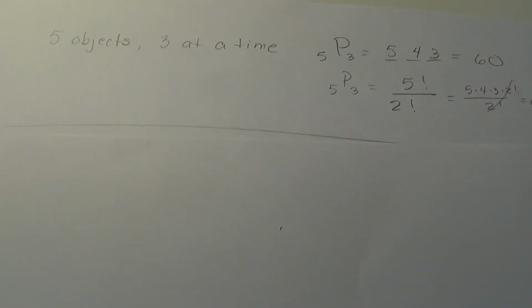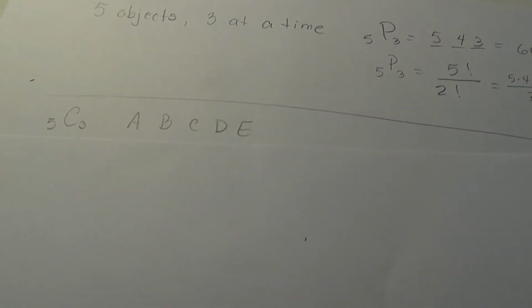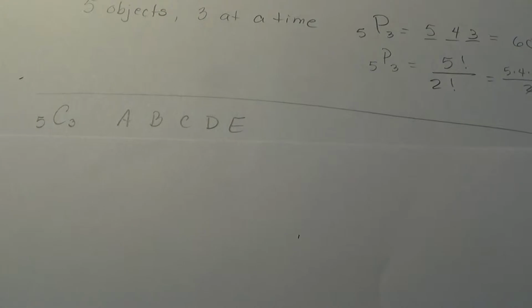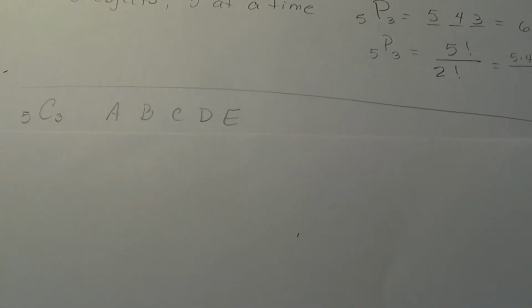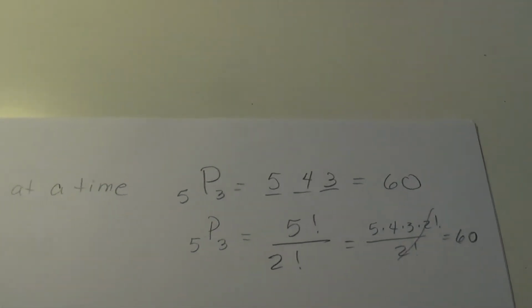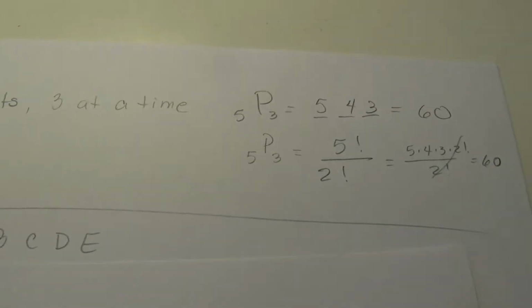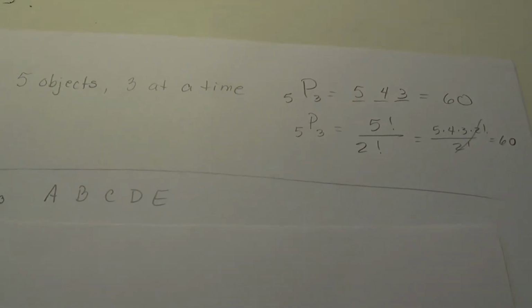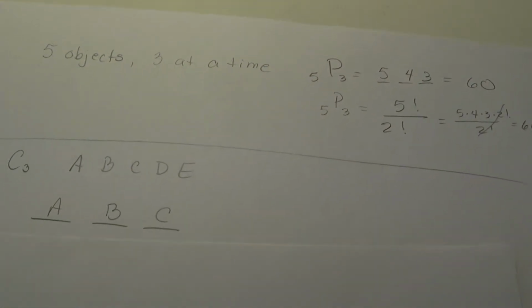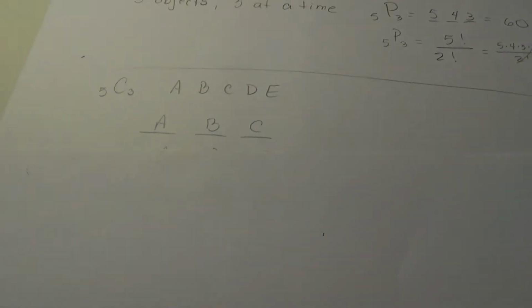All right, so let's do the letters A, B, C, D, and E, and those will represent the 5 objects, and we're going to take 3 at a time, and we're going to see if that comes out to more or less than 60. You have what you think it's going to be, so let's see if you're right. All right, so if I'm only going to have 3 blanks, I can put in ABC.